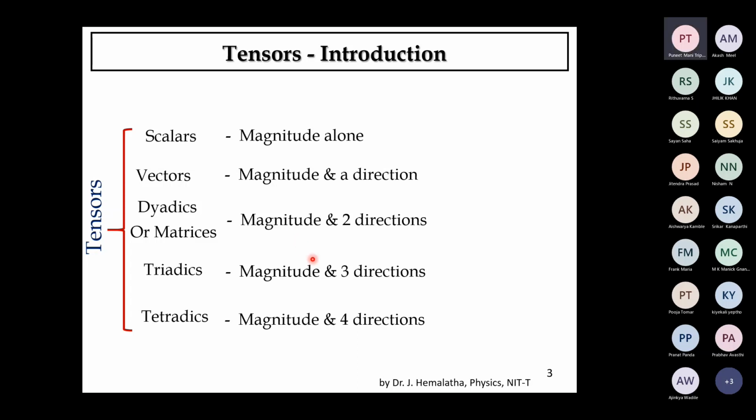Okay, ma'am. Now coming to the rank of a tensor. First let us start with scalars. It requires only a magnitude, right? So how many components do we require for a scalar? Only one, because a scalar is just a number, like 10 or 12. So only one component is sufficient to describe a scalar.